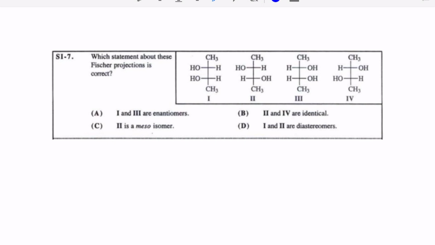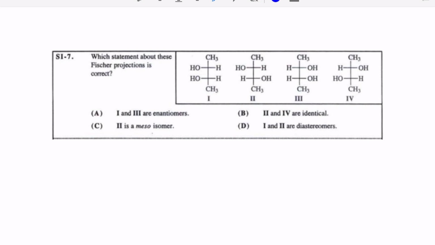So what this means is whenever we take the mirror image of 1, we should be able to get a non-superimposable mirror image. But to save time, we can first quickly realize that actually 1 and 3 are just identical compounds. And so let me explain.